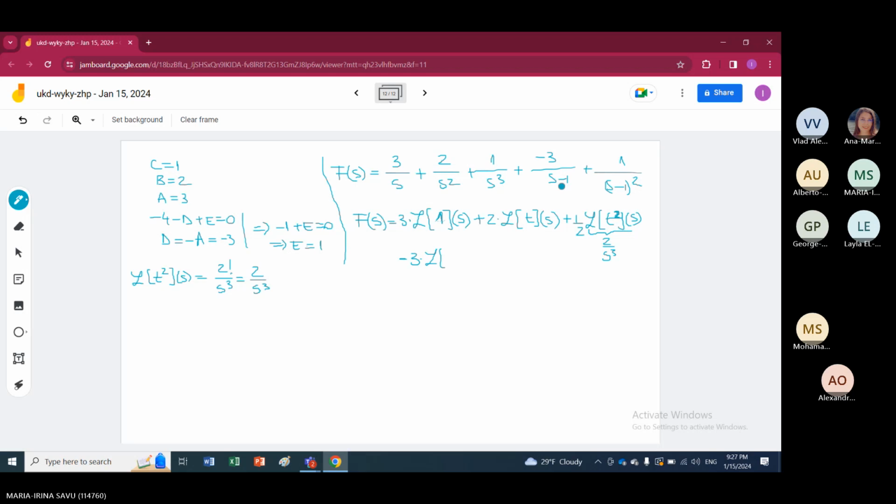Laplace of e to the t, and the last one must be found. We don't know this one.